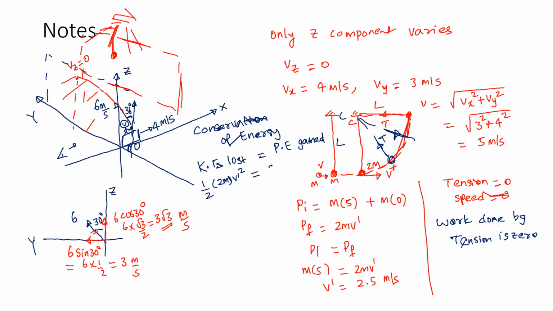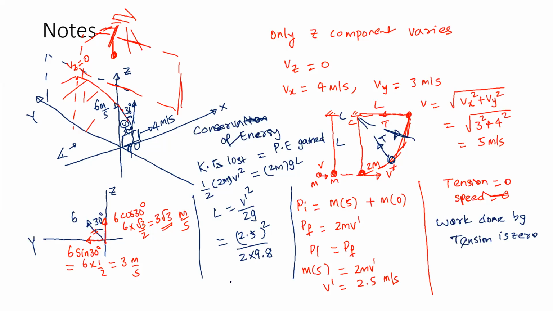So I can write m, which is again 2m here, into g into L. So from here, I think you see that L is just v prime square by 2g. So v prime is 2.5 whole square by 2 into 9.8. So if you do the calculation, this comes at around 0.32 meters.